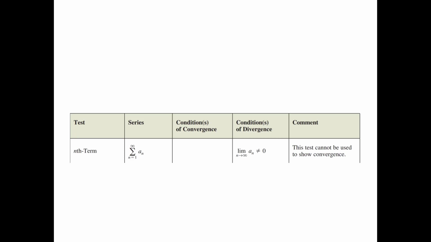This test cannot be used to show that a series converges. That's the comment. All you can do is use this test to show that it diverges if the terms do not go to 0. If the terms go to 0, you have the harmonic series that diverges. So just because the terms go to 0 does not mean that the series converges. But if the terms don't go to 0, then the series diverges.